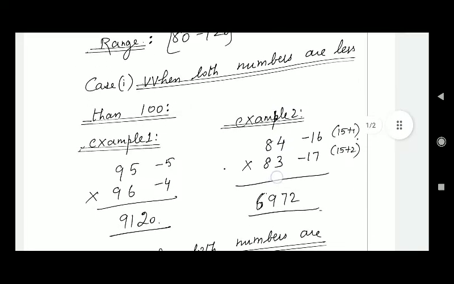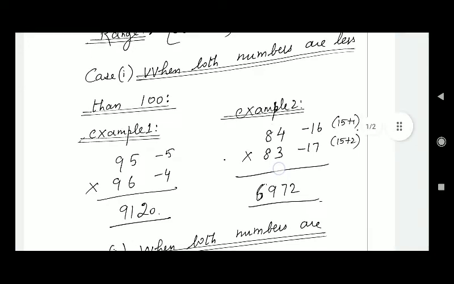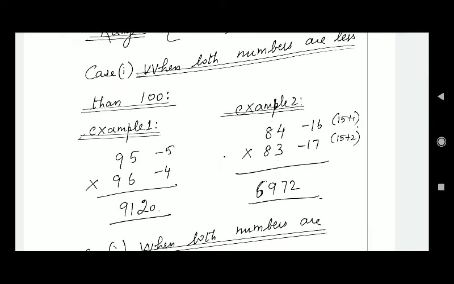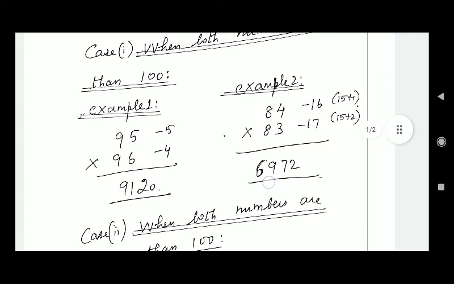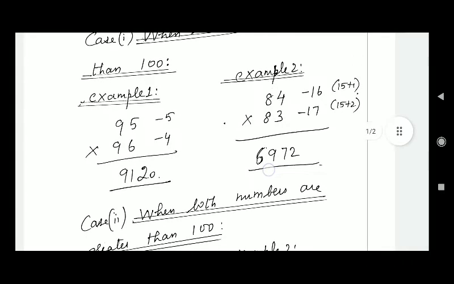Example 1. Let us consider both the numbers to be in the range between 90 to 100. When we multiply 95 and 96, 95 is 5 less than 100, so I shall write minus 5 on the right side. And since 96 is 4 less than 100, I shall write minus 4 on the right side. Minus 5 into minus 4 will give me 20, and 20 is the last two digits of my final answer.